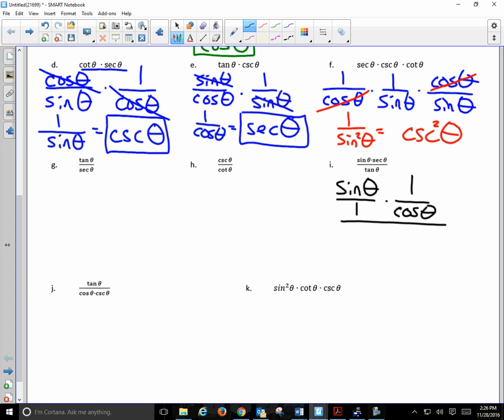You can rewrite tangent as 1 over cotangent, but you always want to choose to write it using sine and cosine. And so instead we'll choose sine over cosine. What do you get in the numerator here? Sine of theta over cosine of theta over sine of theta over cosine of theta. What is that? You take anything divided by itself, you get 1.